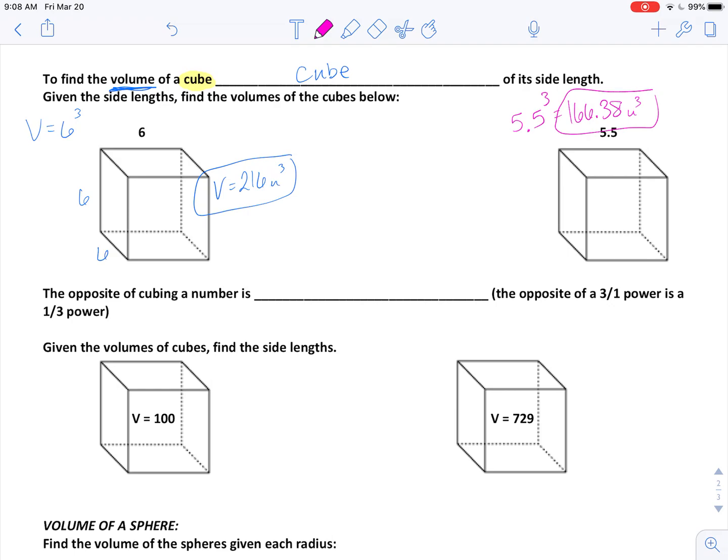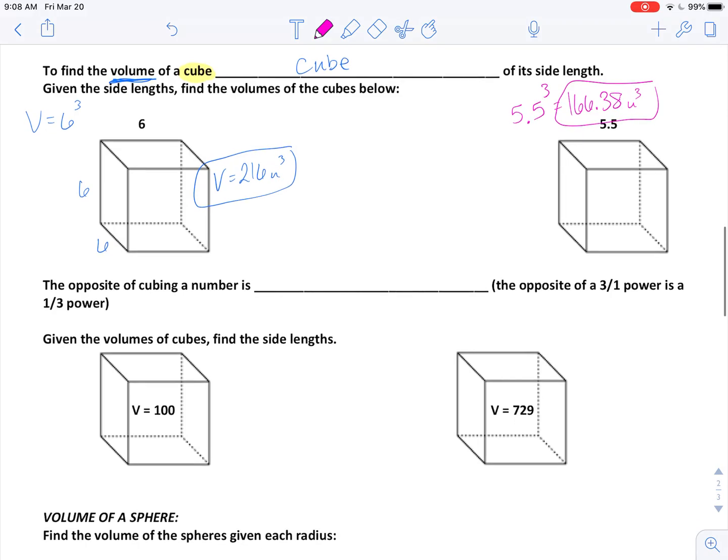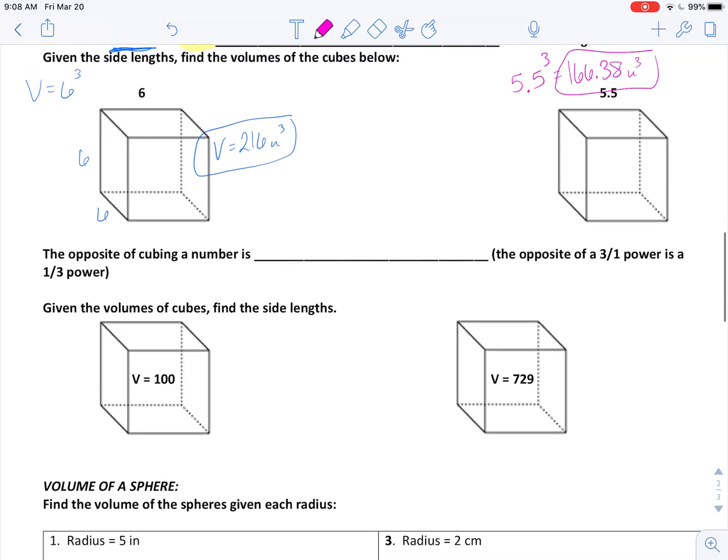Now, what's the opposite of cubing a number? Instead of giving you the side length and asking you to find the volume, I'm going to give you the volume and ask you to find the side length. So what's the opposite of cubing a number like we just did? Well, the opposite of cubing a number is cube rooting.